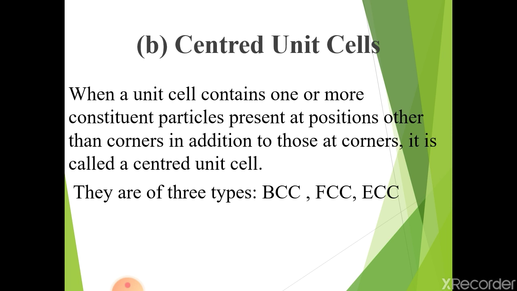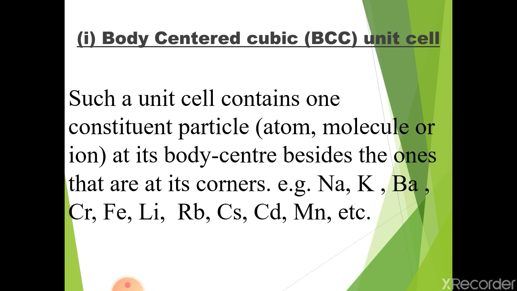They are basically of three types: BCC, FCC, ECC. Body centered cubic unit cell, face centered cubic unit cell, end centered cubic unit cell. Now in centered unit cell, first, body centered cubic unit cell, that is BCC. The name indicates body centered.